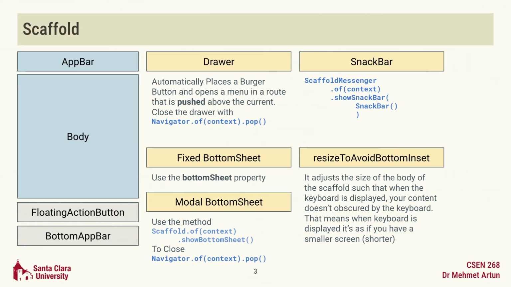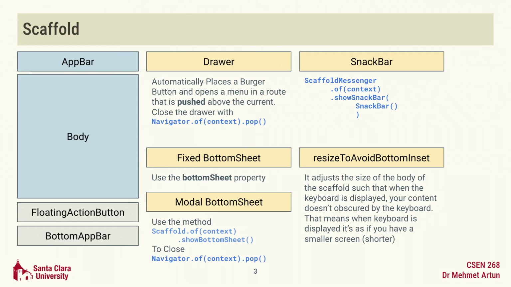Now, the modal bottom sheet is when you click on something, for example, camera controls, etc., they will come up from the bottom, and when you click outside, they will come down. And the way you operate it is Scaffold.of(context), because you're at a certain point, and it just pushes that bottom sheet on that scaffold.